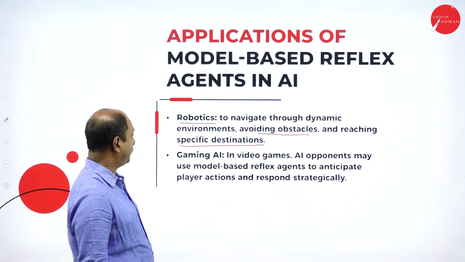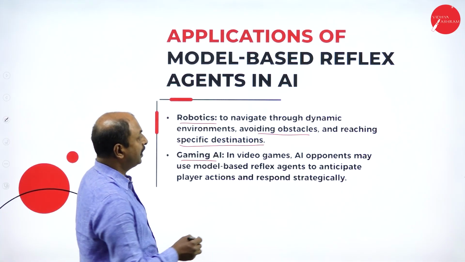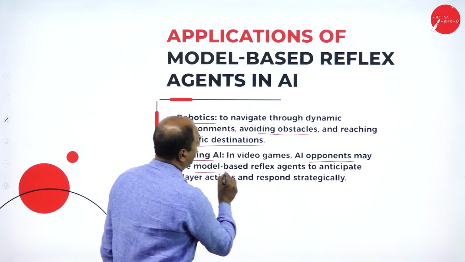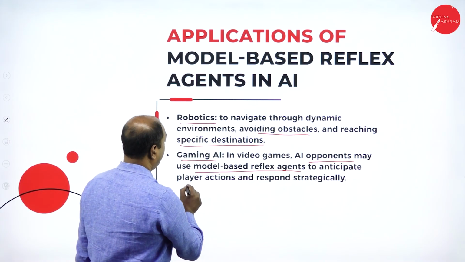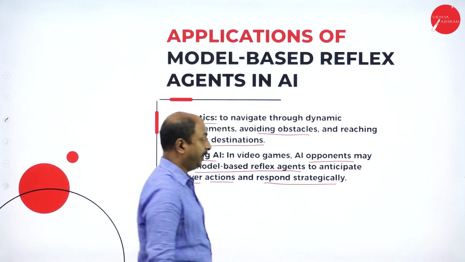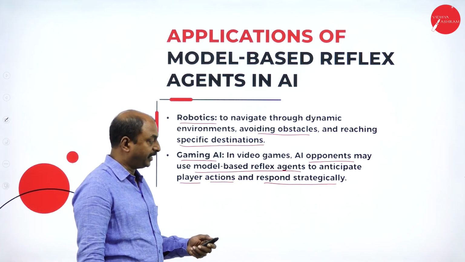That is one more example. Then gaming AI. In video games, the AI opponents may use model-based reflex agents to anticipate the player's actions and respond strategically. So this is also an example of a model-based reflex agent.